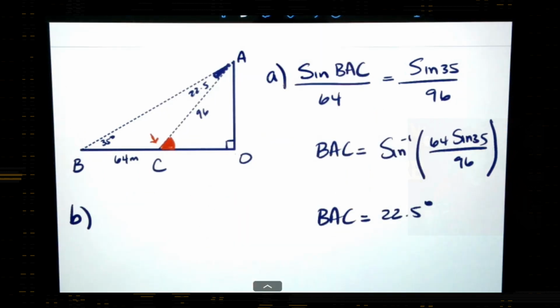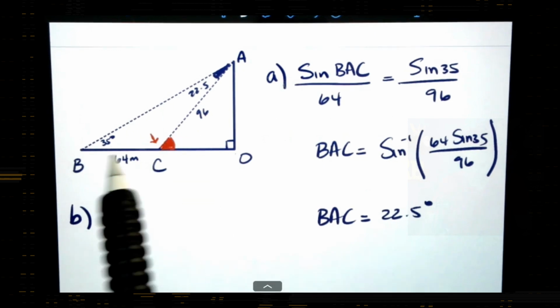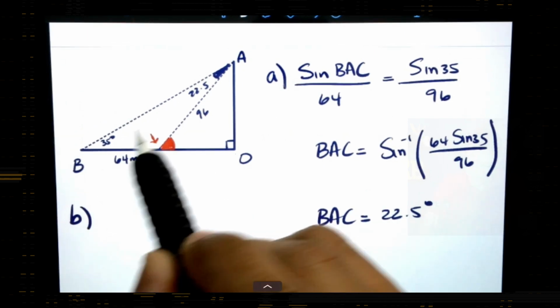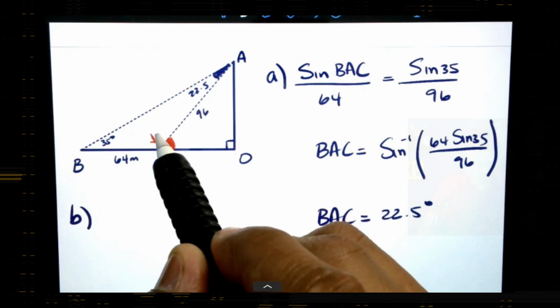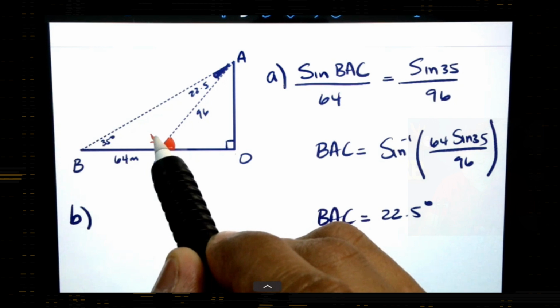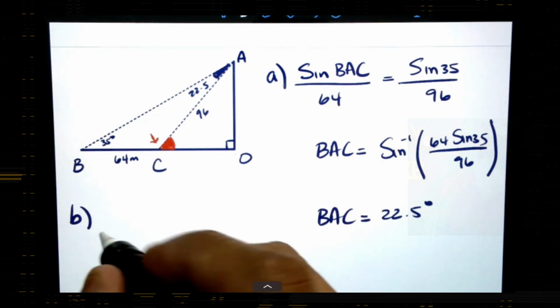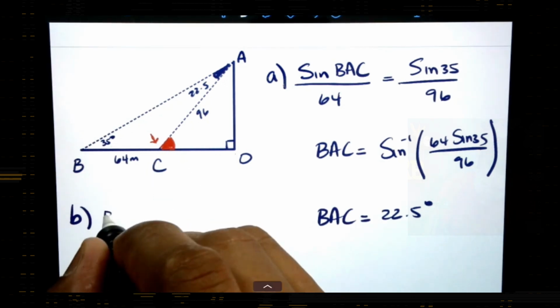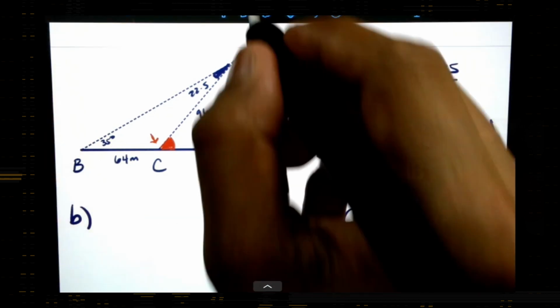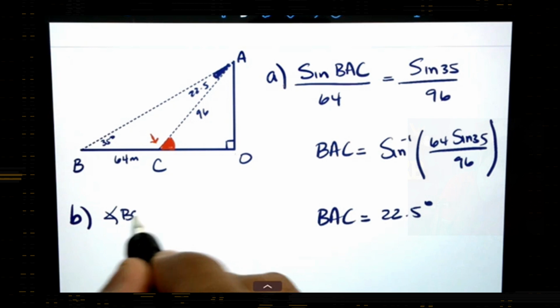Notice that basically the idea is that 35 plus 22.5 plus this angle is going to be 180 degrees. So what I'm going to do is to find the angle BCA. Let me write the notation of angle BCA.